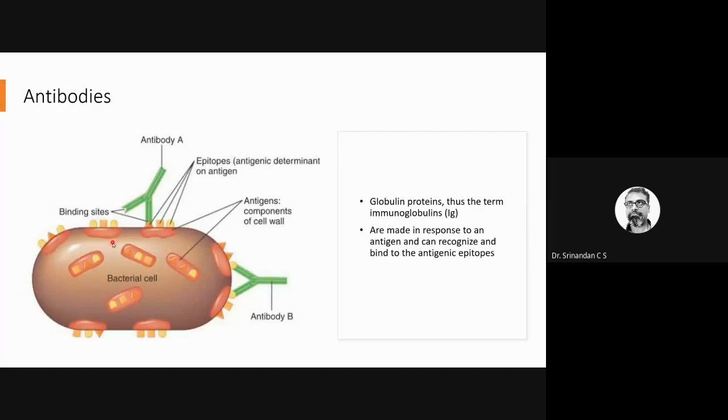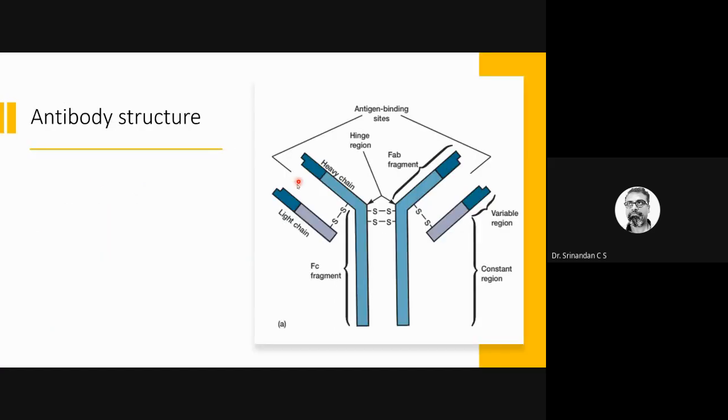For example, let's assume the coronavirus itself has the spike protein. The spike protein, because of variation, will have many variations, but the antibody should also have the feature of variation. So it is the variable region.